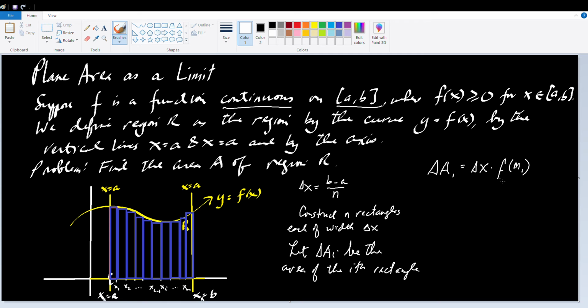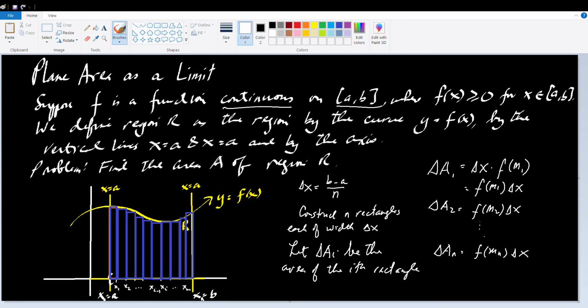Again, f of m sub 1 refers to the absolute minimum value of f on the first interval. We can write this as f of m sub 1 times delta x. So delta A sub 2 will be f of m sub 2 times delta x, up to delta A sub n, which is f of m sub n times delta x.